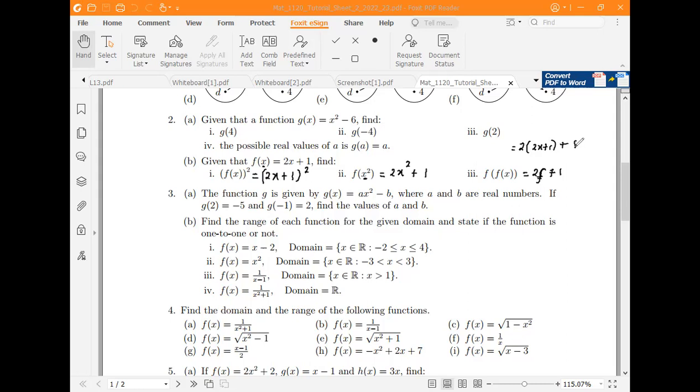So where there is x, you put back the whole f. That is what we are doing there. And then you can simplify. So you have 2 by 2x, that is 4x, plus 2 plus 1, which is 4x plus 3.